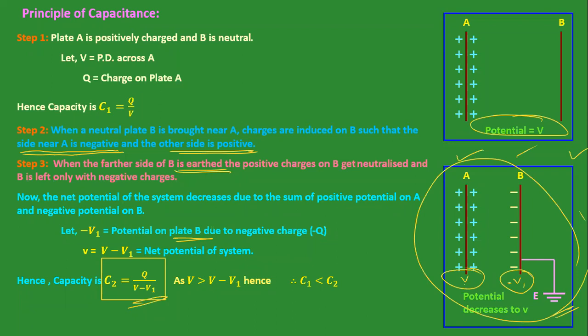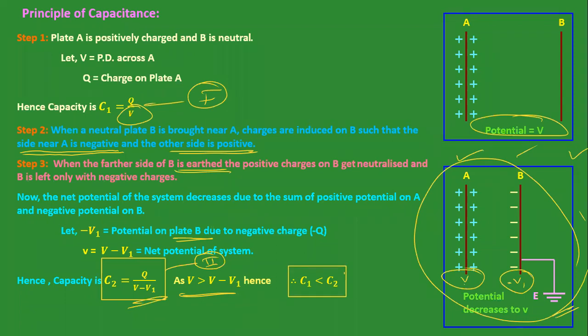But if you see equation 1 and equation 2, in equation 1 V is there, and here it is V minus V1. If we compare these two potentials, V is greater than V minus V1. It means that from 1 and 2, C1 is less than C2.